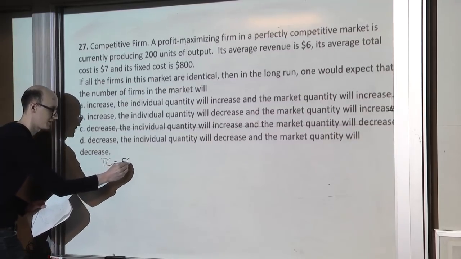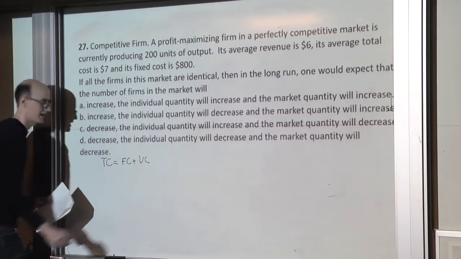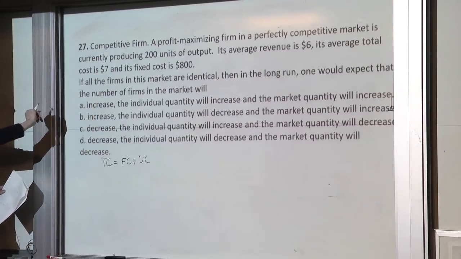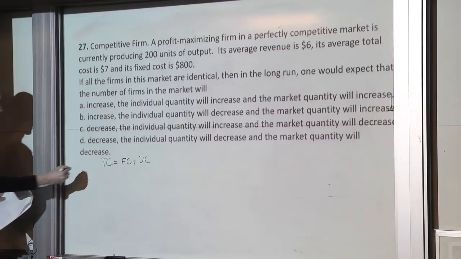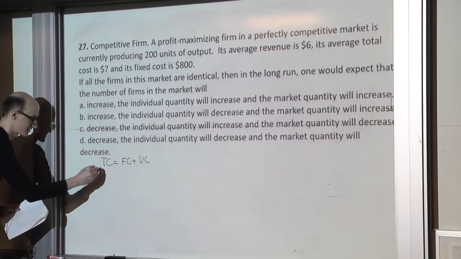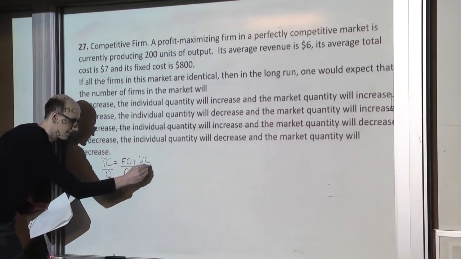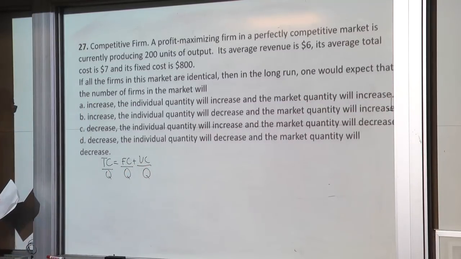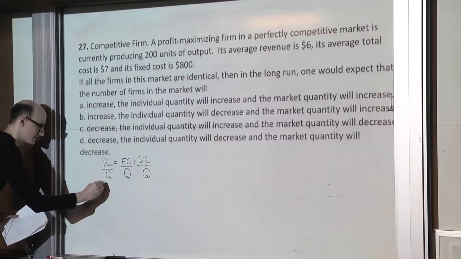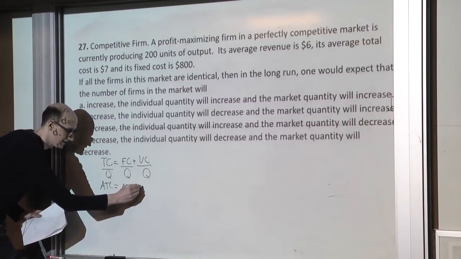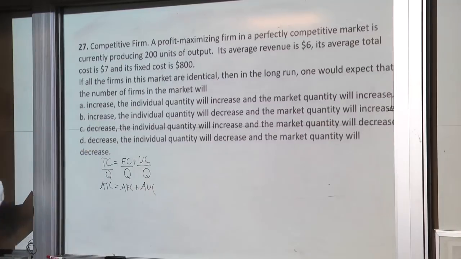Fixed costs plus variable costs, right? And we have here average revenue and average total cost. So to get to average total cost, you just divide this by Q, right? So you get average total cost equals average fixed cost plus average variable cost.